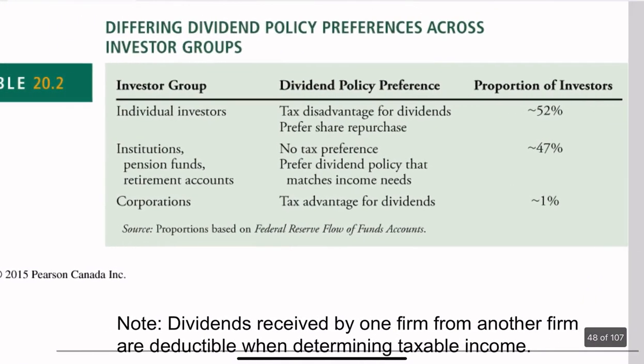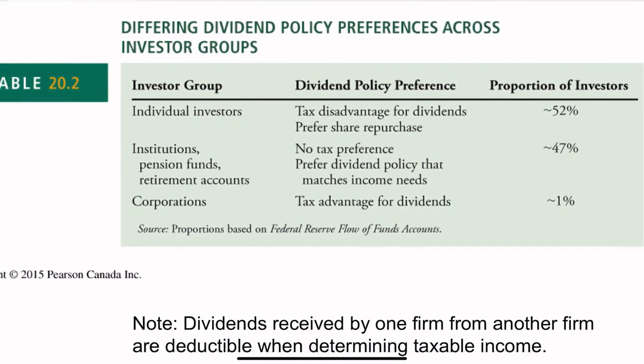So let's see this table, which is from the Federal Reserve, and tells you the percentage of different kinds of investors. You can see that we have this first type of investors, individuals, right? And generally, these individuals will prefer share repurchase. And the percentage is 52%.